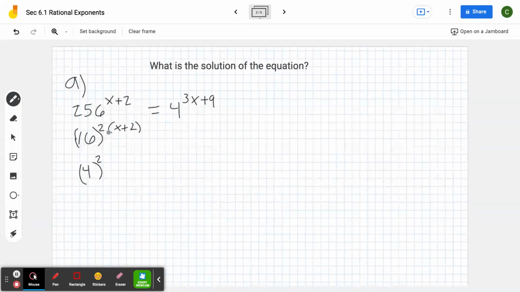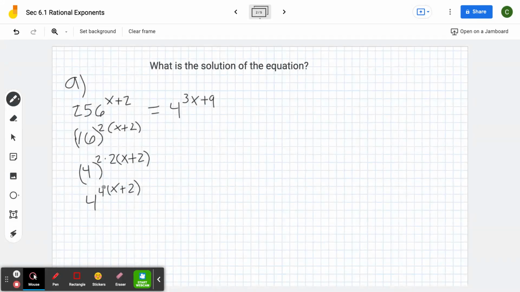And so 2 times everything else here. So I have 2 times 2 times x plus 2. And so 2 times 2 is 4. So I have 4 raised to the 4 times x plus 2 power.